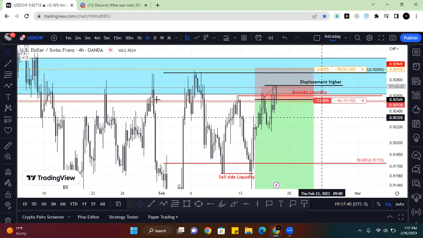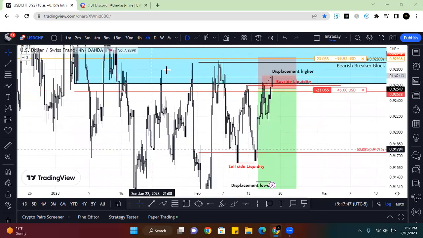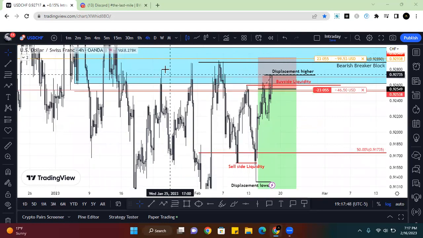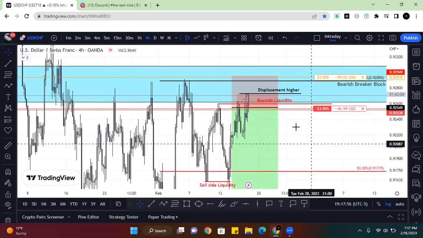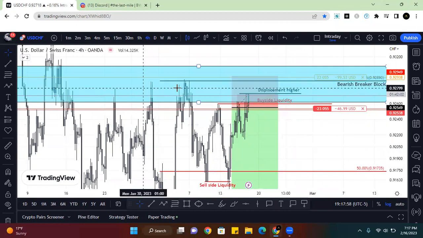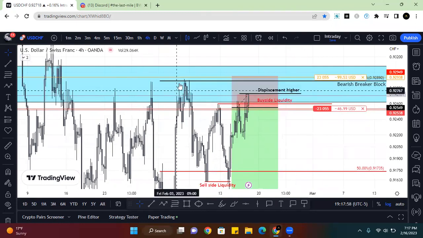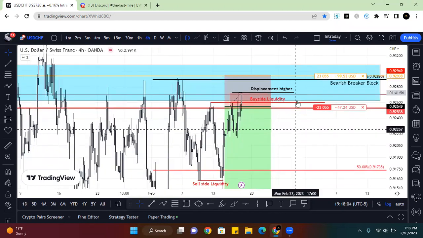I use a lot of structure and liquidity too. If they took major sell side and then took major buy side after that, it's not likely to go further. It barely broke past, but even the small liquidity takes do count. Sometimes they just take liquidity and barely go above the high, and then they slide down from there. But we're about a 0.5% drawdown.